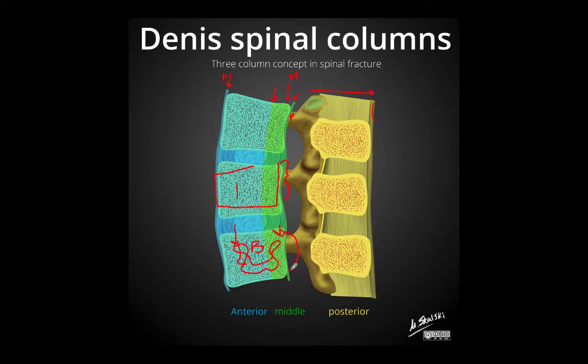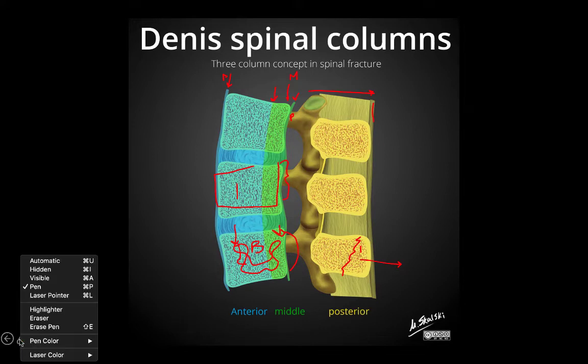So the significance of Denis's spinal columns is really to help you assess whether or not a fracture is considered unstable based on the parts involved. We take, for example, as the last example, a clay shoveler's fracture, an avulsion of the spinous process. Clay shoveler's fractures only involve one column, the posterior column, and therefore are considered stable fracture patterns.